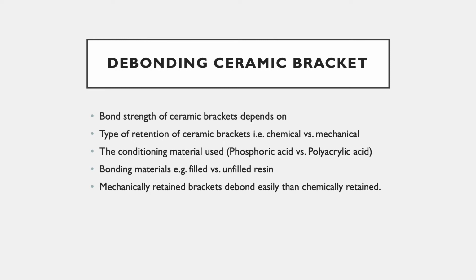Polyacrylic acid produces a weak bond and debonding is very easy. The bonding material used also impacts the debonding of ceramic brackets. Filled bonding materials have stronger bond strength and make debonding of ceramic braces difficult.